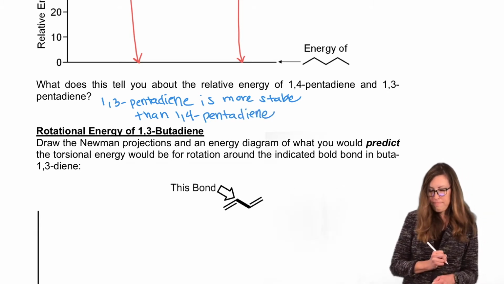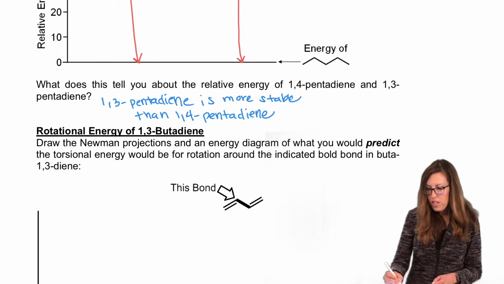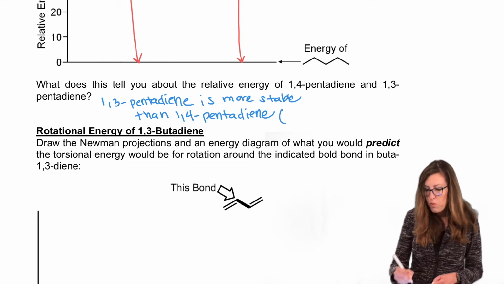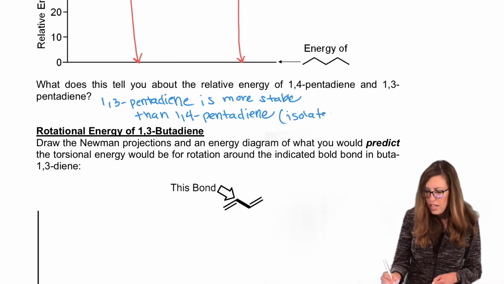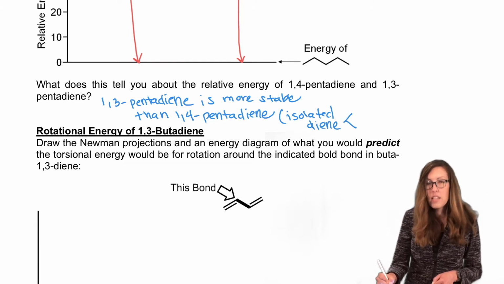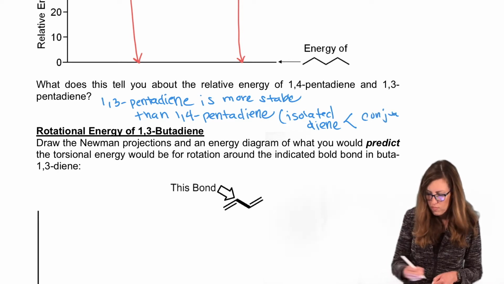Okay, so that's the conclusion. I'm just going to kind of drive it home with the fact that the 1,4 is an isolated diene, is less stable than a conjugated diene. Don't really like how that letters turn out. Conjugated diene.